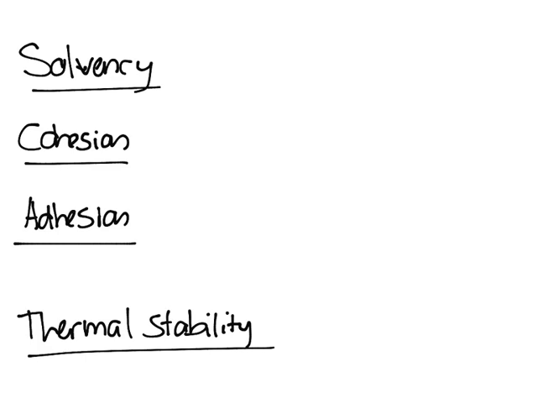So solvency, first, is the ability to dissolve other chemicals. And water is the universal solvent, which means that pretty much it'll dissolve anything. But there are two types of substances, hydrophilic and hydrophobic.